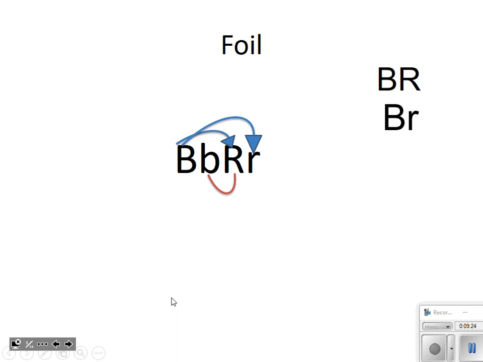Inside. What are our inside ones? Little b and capital R. What is L? Last. Well, what are our last ones? Little b, little r. See how FOIL works?